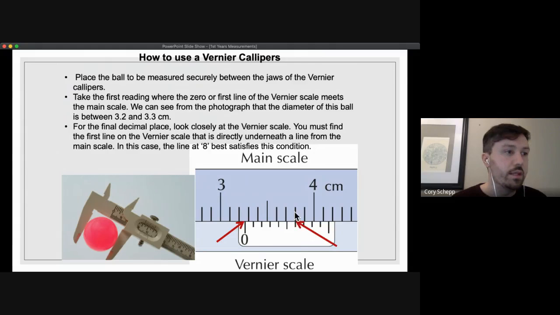But we find the one that's lined up the most perfectly with the main scale, and that's where you count to. So it's somewhere between 3.2 and 3.3, 3.1, 2, 3, 4, 5, 6, right?